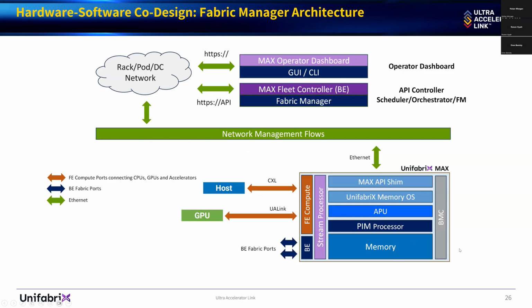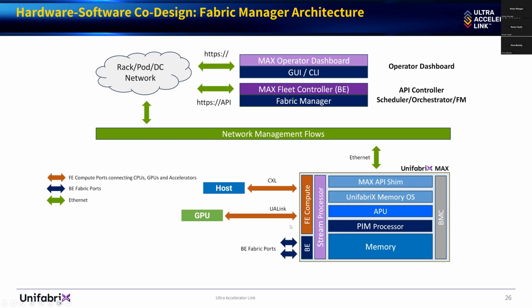The fabric manager architecture itself controls the behavior of the system, and it can connect to a cloud native orchestration layer where it gets commands from the orchestrator on where to allocate this memory. And here we see the interfaces: UALink to GPUs and accelerators, or CXL to hosts.